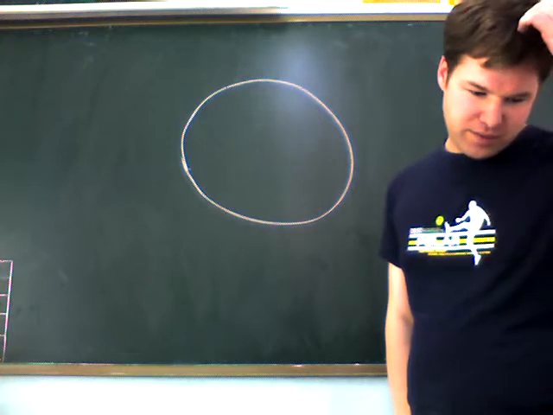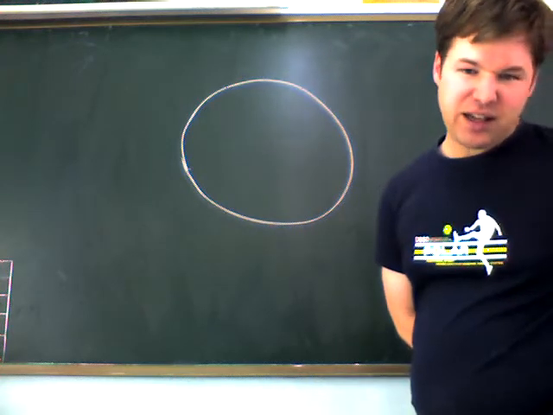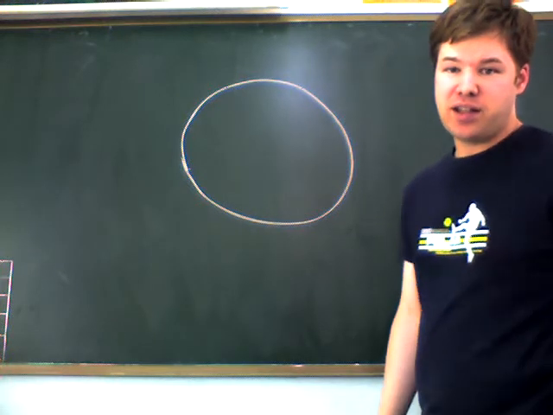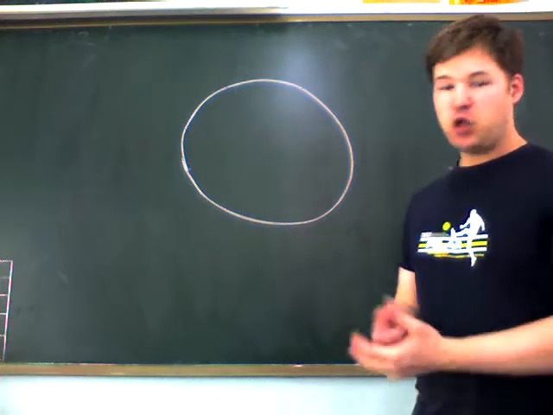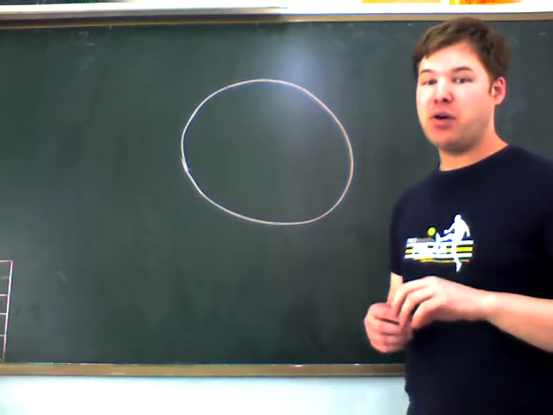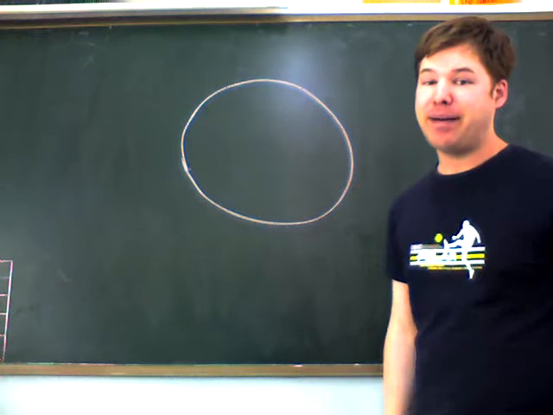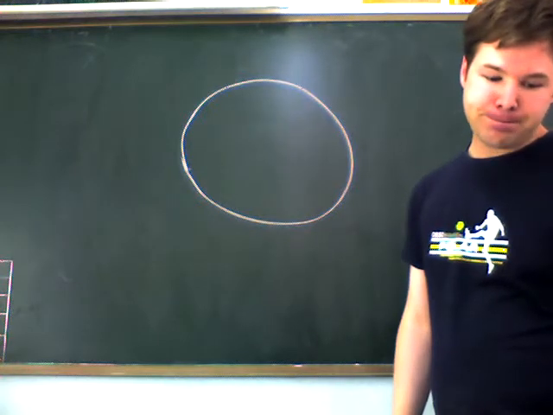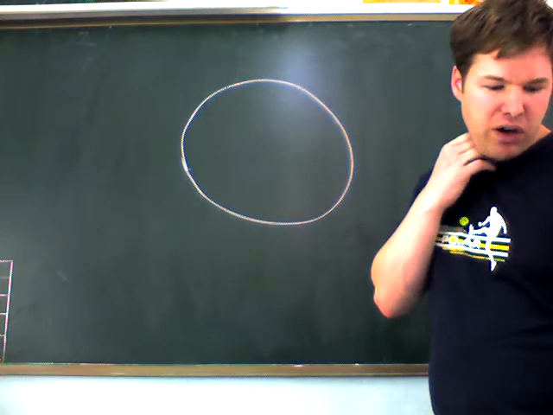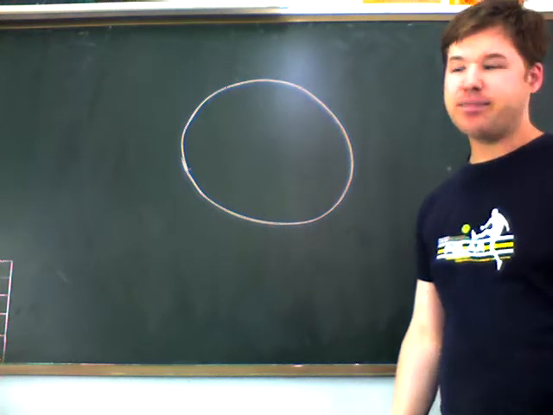There are a lot of very interesting, very ironic things if we study the relationship between geometry and nature, and we're going to be going into some of that in a lot of my videos. But primarily right now we're going to be talking about polygons.